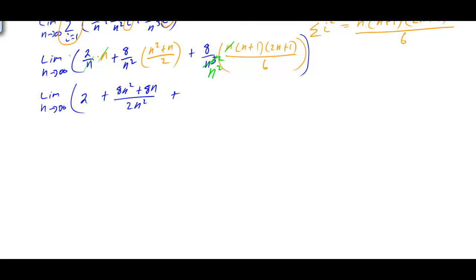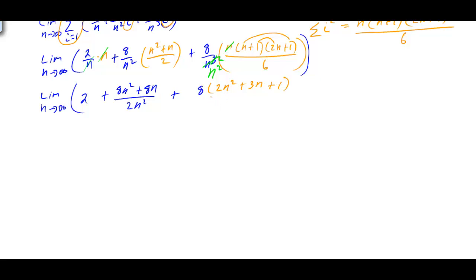And at this point we can distribute the 8, or to make things easier we'll leave this as 8, and we can FOIL the n plus 1 and the 2n plus 1. So if we FOIL that, we're going to get n times 2n is 2n squared plus 1n and 2n becomes 3n, and 1 times 1 is plus 1.